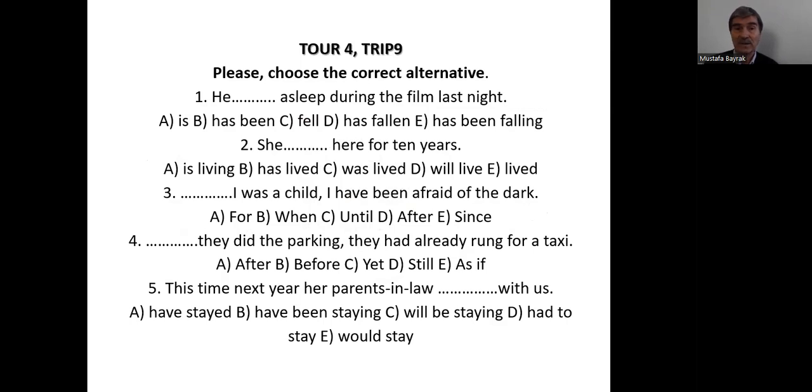So, present perfect. B. She has lived here for 10 years. 3. Blank, I was a child. So, when I was a child, I have been, no. Since I was a child, I have been afraid of the dark.